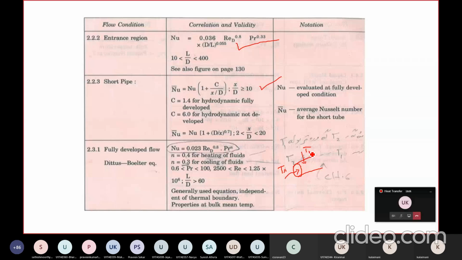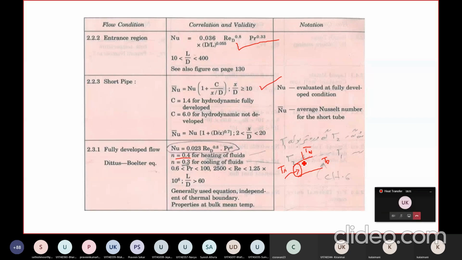If Tw is greater, heat is transferred from the pipe to the fluid. Therefore, the outlet temperature of the fluid is higher than the inlet temperature, but less than the wall temperature. In this case, the fluid is heated while passing through the pipe. Therefore, we use n equal to 0.4.